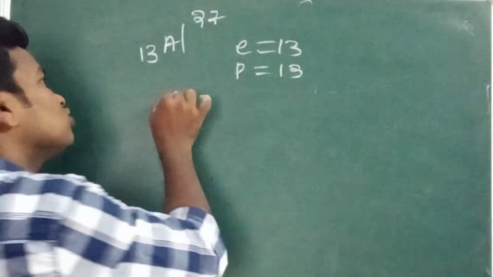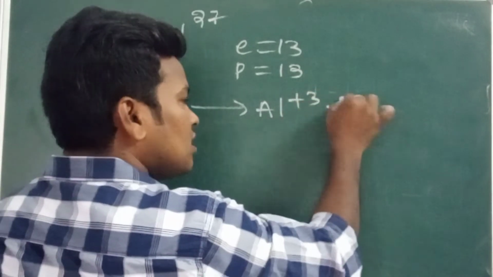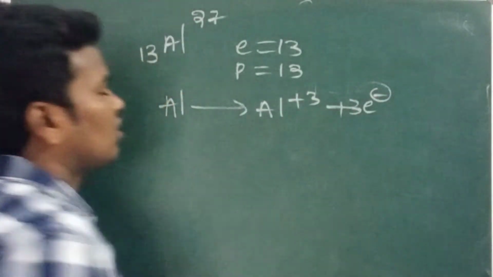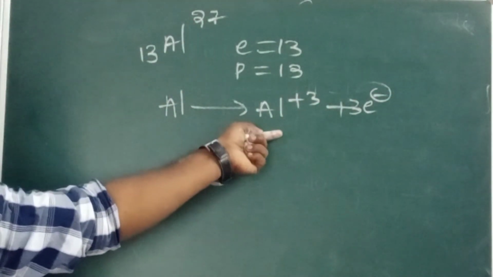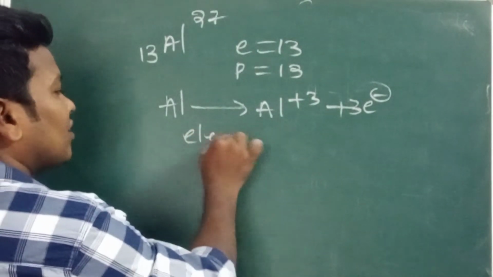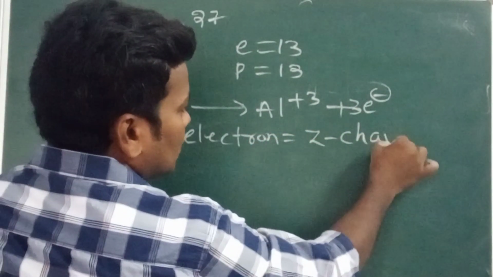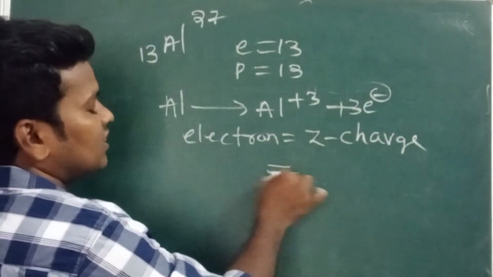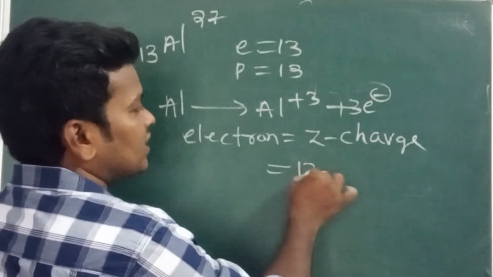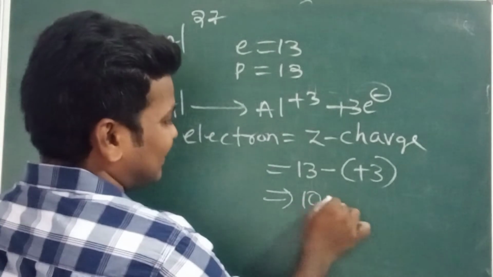For example, if it is losing 3 electrons, Al is converted into Al plus 3 by loss of 3 electrons, a tri-positive aluminium ion. This time I want the electron number. So number of electrons is equal to Z minus charge. Z is atomic number, 13, minus charge plus 3. So it is 10 electrons.